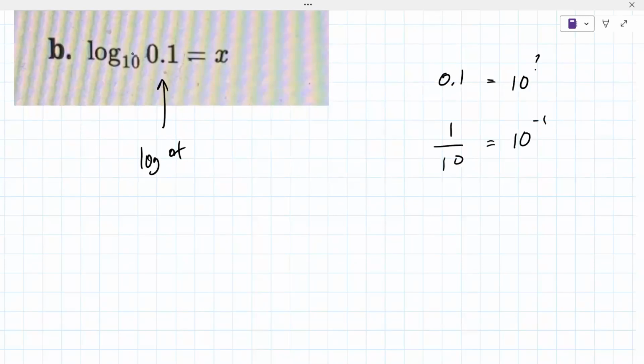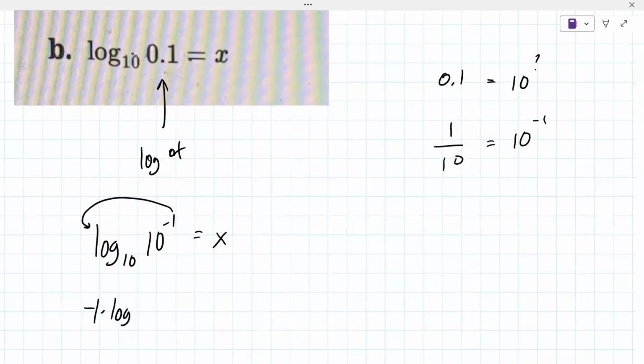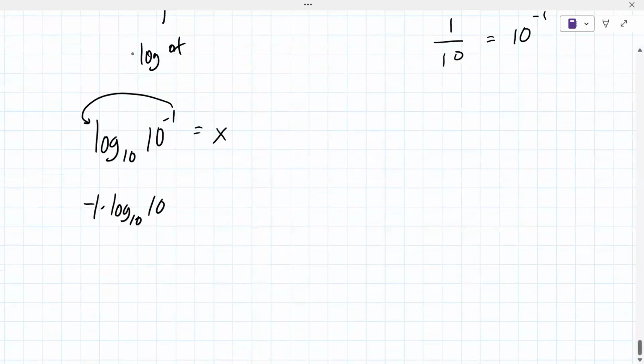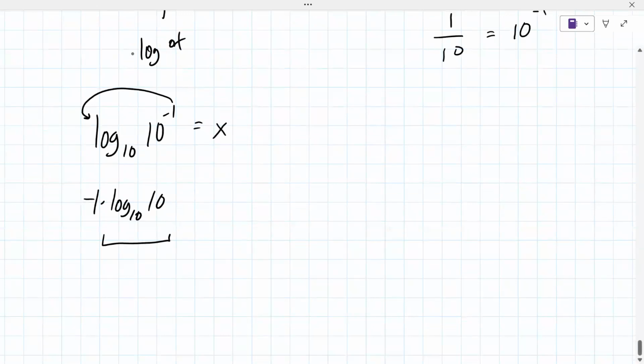So you have negative exponents. We could do a quick review on that if needed. So this is log base 10 of 10 to the minus 1 equals x. You bring that minus 1 out in front, minus 1 times log base 10 of 10. And that becomes negative 1 times 1, which is negative 1, equals x.